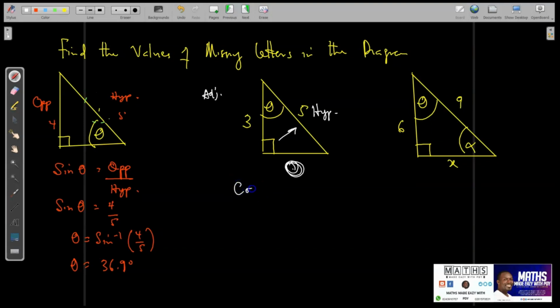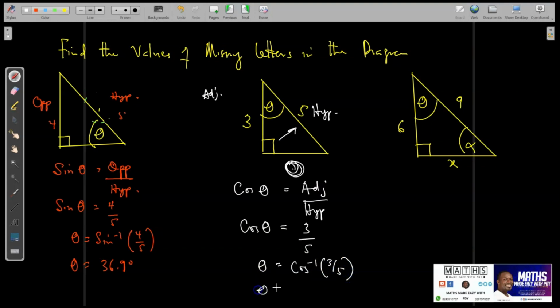So that is the cosine ratio. The cosine of the angle theta should be equal to the adjacent side over the hypotenuse. So cosine theta should be equal to 3 over 5. Therefore, theta will be equal to cos inverse of 3 on 5.